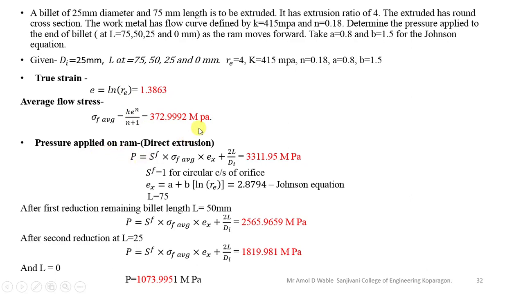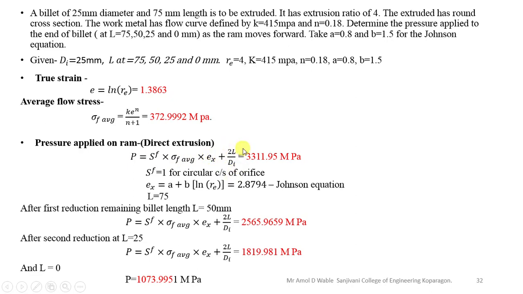Pressure applied on a ram: in this case it is a direct extrusion. For direct extrusion, the pressure will be equal to SF into average flow stress into (εx plus 2L upon Di). If it was indirect extrusion, then the formula to find pressure would be SF into average flow stress into εx.